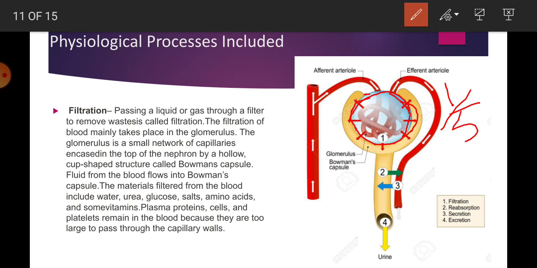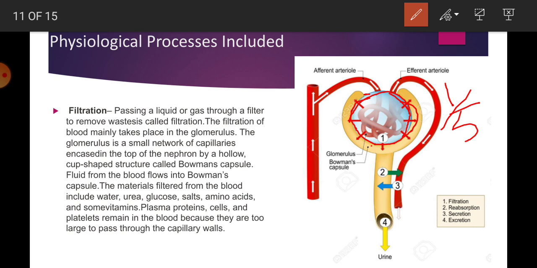These are necessary for our body. So what is inside the Bowman's capsule is not the urine. This is called filtrate, and from this filtrate we have to absorb the necessary elements that have gone, such as glucose, salts, and amino acids.